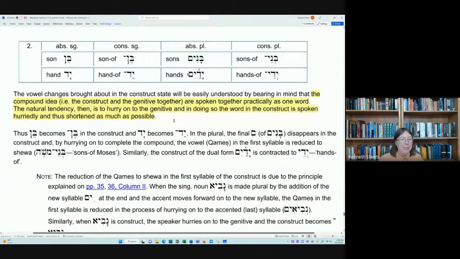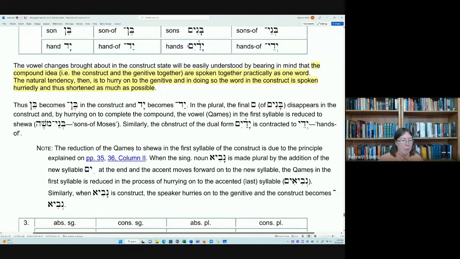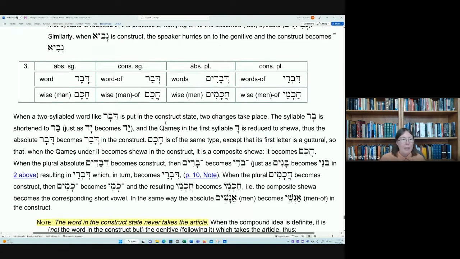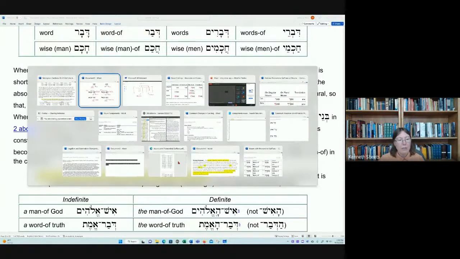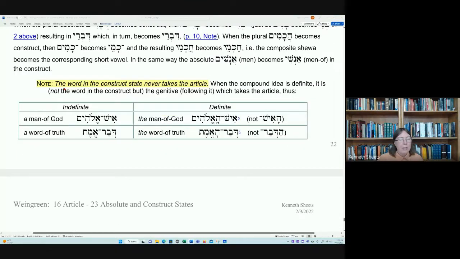The natural tendency then is to hurry on to the genitive, and in so doing, the word in the construct is spoken hurriedly and thus shortened as much as possible. Those are the examples that I just showed. But now there is one other thing to notice here. The word in the construct state never takes the article.